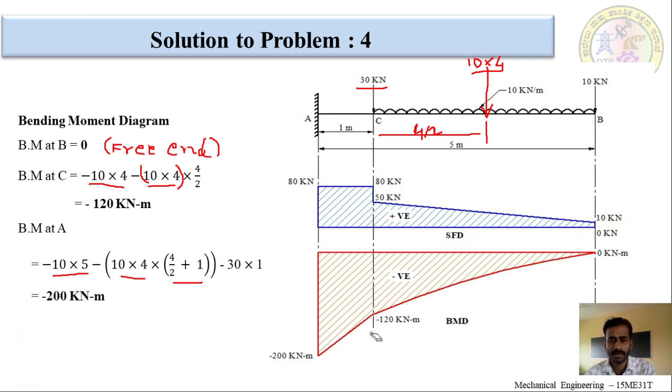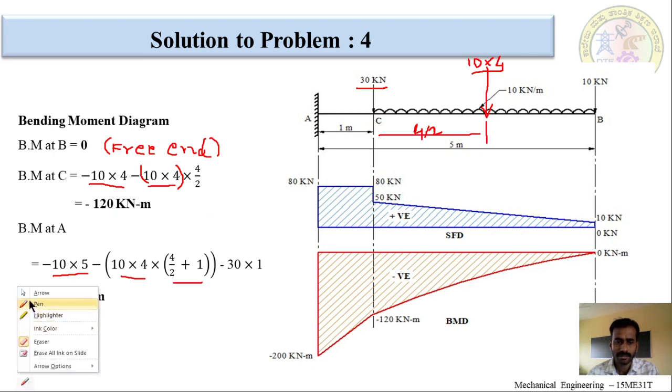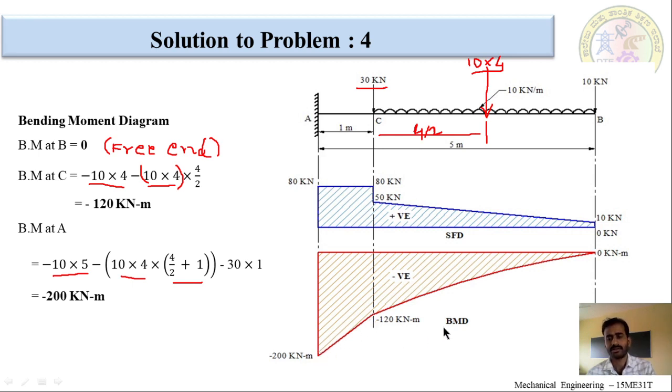And from C to A it is a straight line, because there is no load, it should be drawn with the inclined straight line. So, after this you have to hatch it with 45-degree lines and mention the sign, that is negative sign as per the sign conventions. So, this completes the fourth problem.